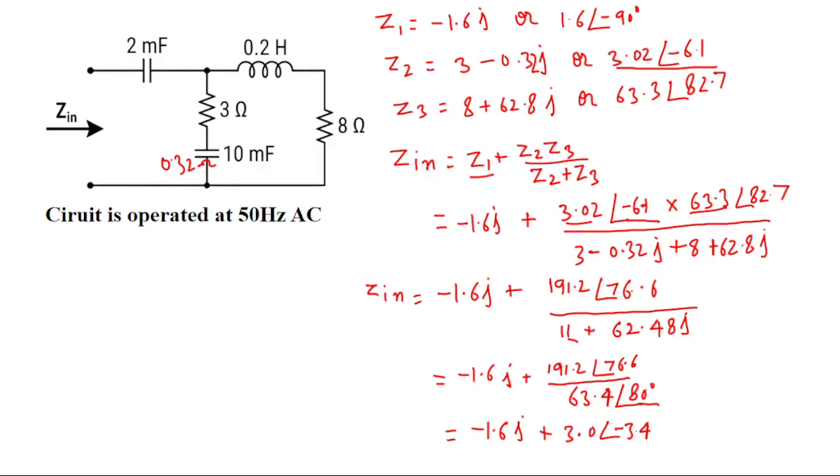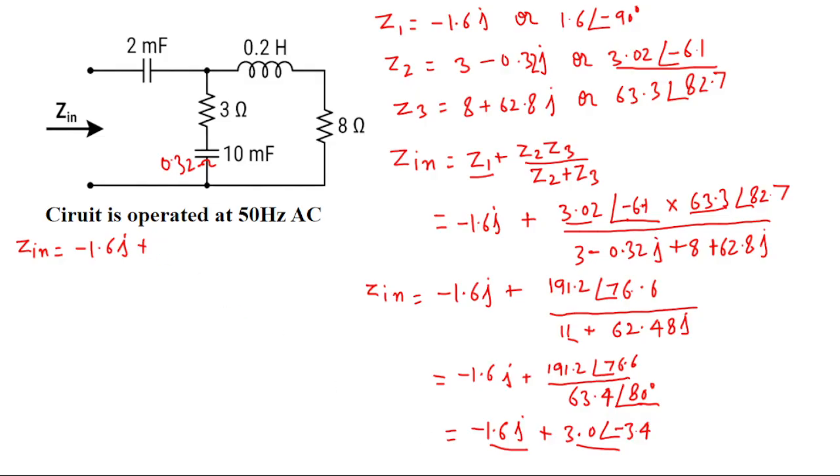Now the interesting thing is that you have calculated the one form, Z1 is in the form of a rectangular form, and this is in a polar form. Now we have to add these two. So again we will have to convert this rectangular to the polar. So the Z in will become minus 1.6 into J and plus.